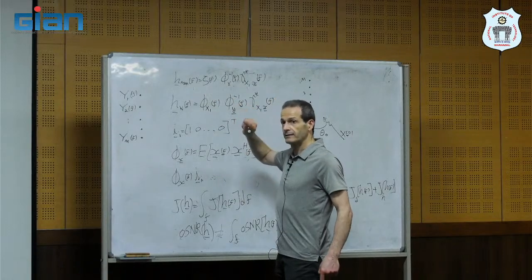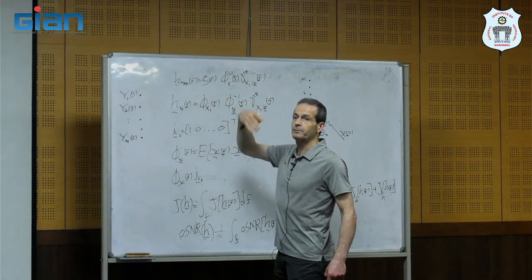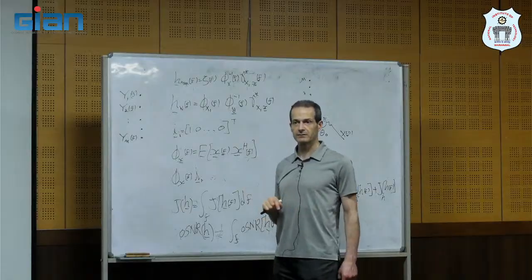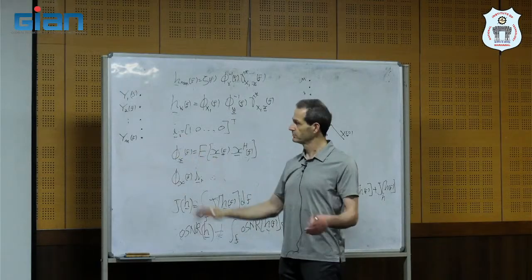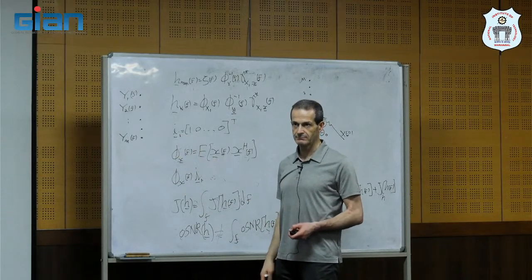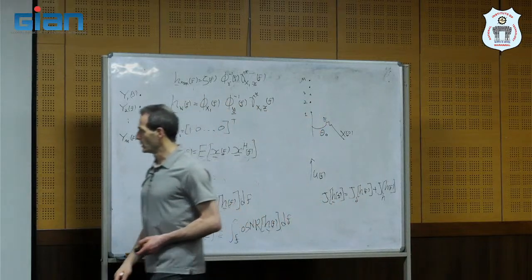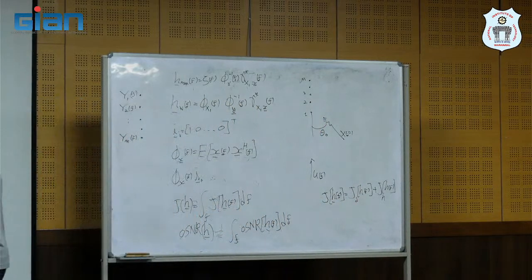Okay? In order to maximize the output SNR, you need to choose these values in such a way that the broadband output SNR will be maximized. Here we don't have it. Okay?